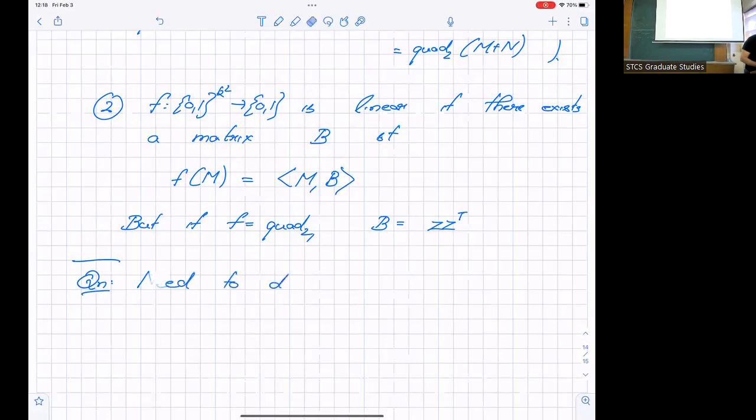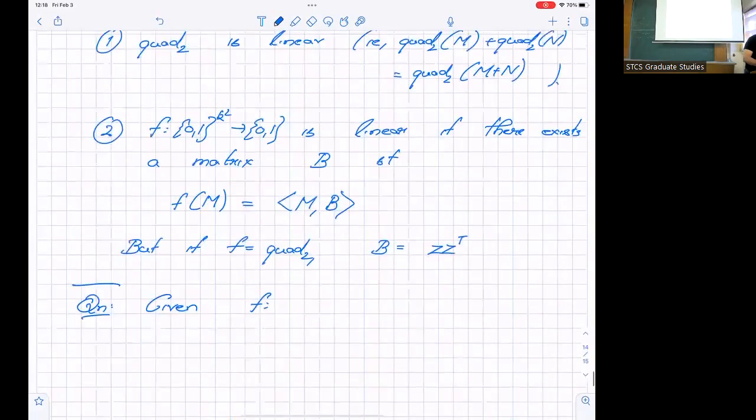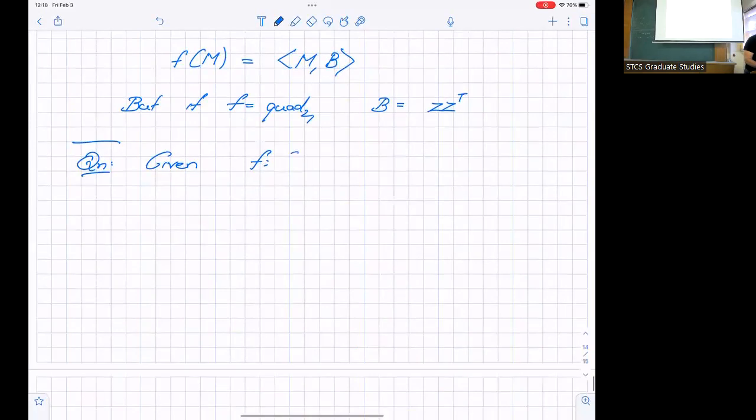So we are given two functions, f going from {0,1}^n to {0,1}, and capital F, going from {0,1}^(n²) to {0,1}. We will first check that f is linear and capital F is linear.